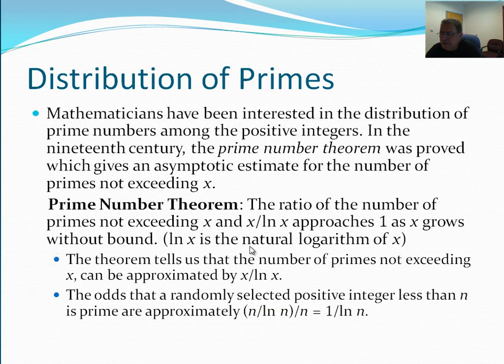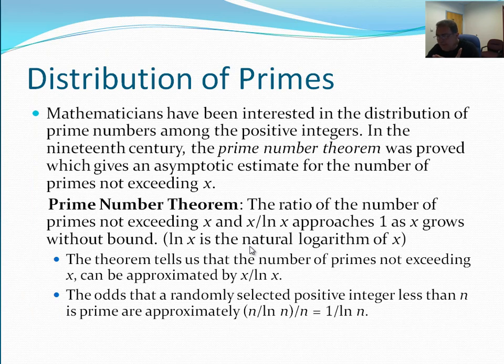Distribution of the primes, and this is something that I'm just going to mention briefly. Mathematicians have been interested in the distribution of prime numbers among the positive integers. In the 19th century, the prime number theorem was proved, which gives an asymptotic estimate of the number of primes not exceeding x.